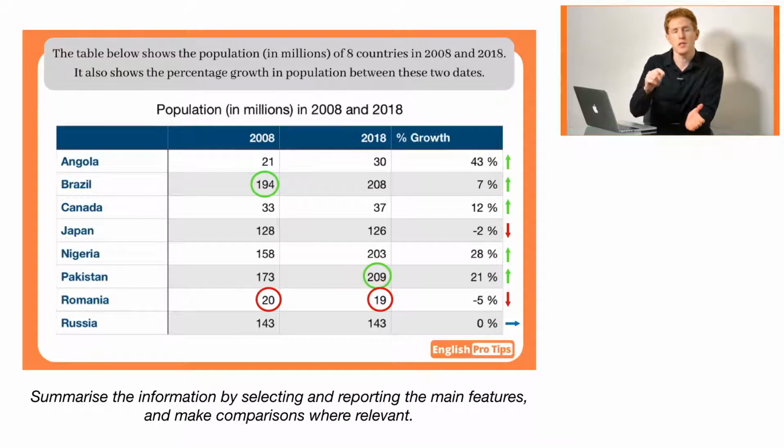And again, these are circles that you should be writing on the question paper. Remember, it's totally fine for you to make notes on the question paper before you start writing. And then if we look at percentage growth, we can see that the largest growth was in Angola, and the smallest growth, or rather the country that shrunk the most in population, was Romania.